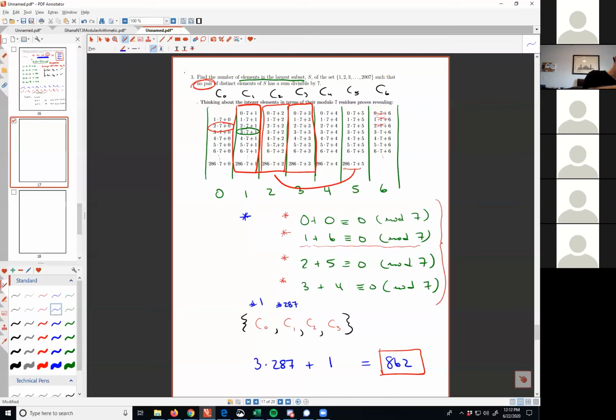Because we form the elements in column 2 by taking 0 through 286, multiplying those by 7 and then adding 2. We do the same thing in column 5, except we multiply 0 to 286 by 7 and add 5. But we have the same quotients, 0 to 286, that we use to construct those numbers.